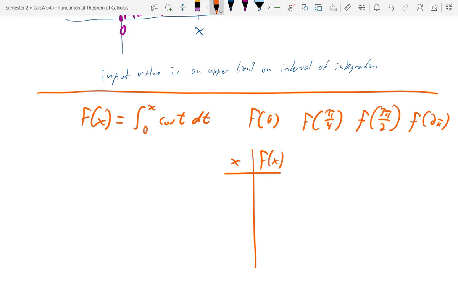And a couple of these you should know right off the bat. For instance, when x is 0, the integral from 0 to 0, remember, you're plugging 0 in right here, is 0. If you start and end at the same limit, remember this is one of those properties of integrals that we did, our integral is going to be 0. You also know what another x value should be.